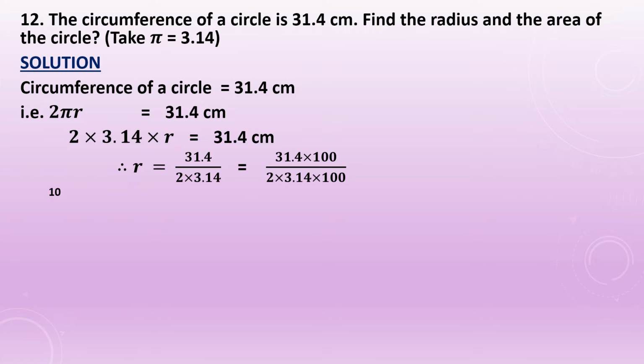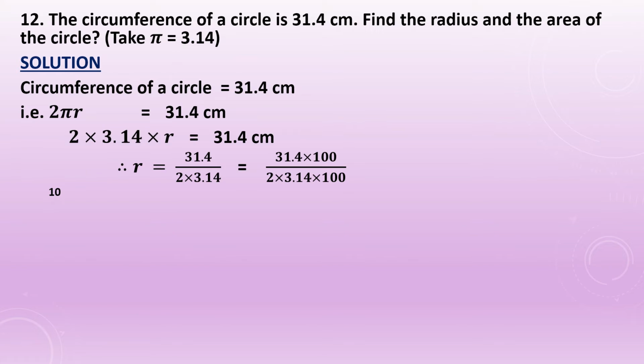Here the denominator has a decimal number, so we are not able to divide. So first we can remove the decimal number from the denominator. For that we have to multiply both the numerator and denominator by 100. Why? Because the denominator has two decimal places.